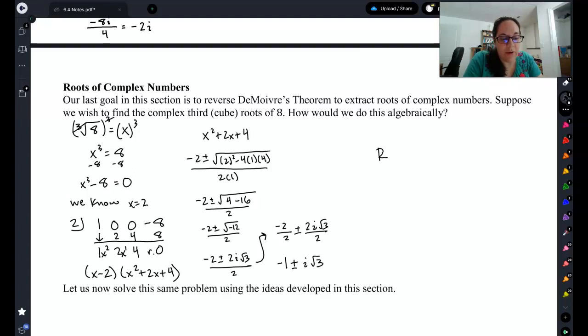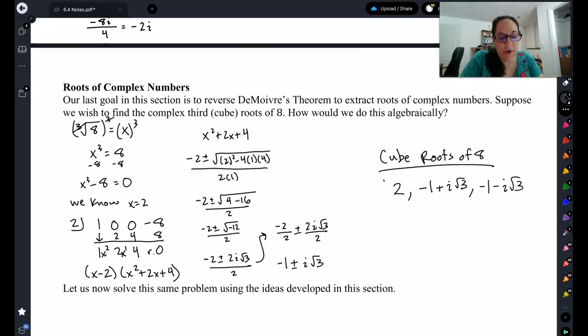So that tells me the cube roots of 8 are 2, the one that I knew, when you cube root 8 in your calculator, you get 2, negative 1 plus i root 3, and negative 1 minus i root 3.